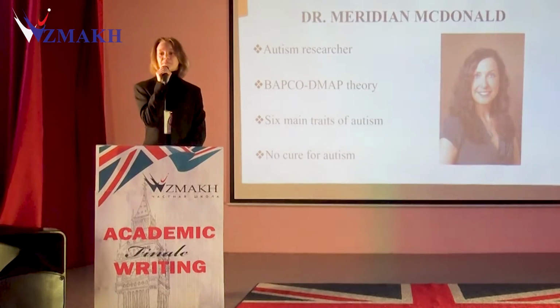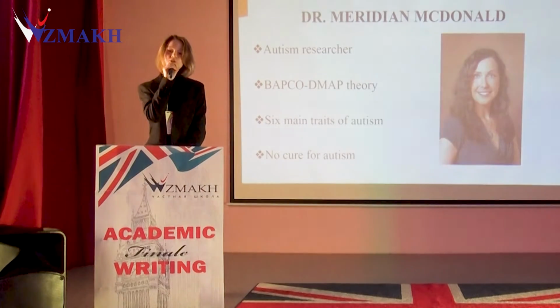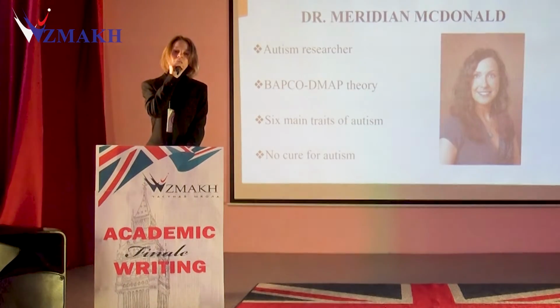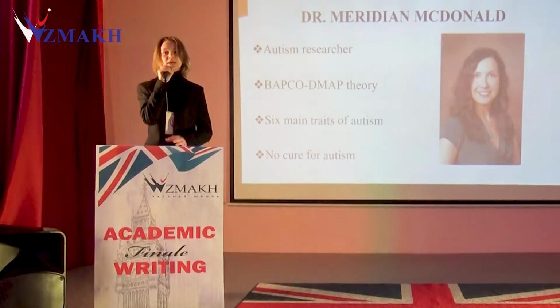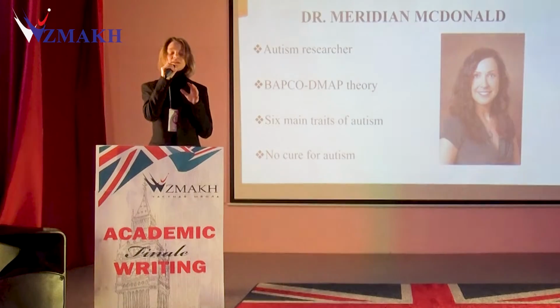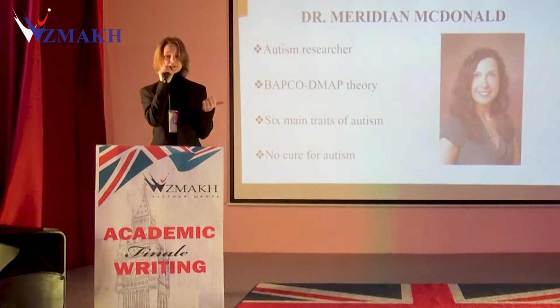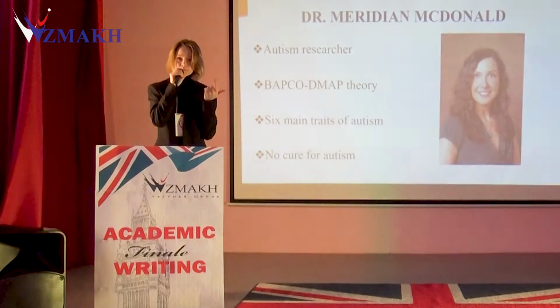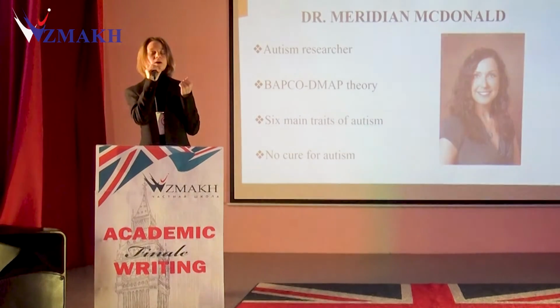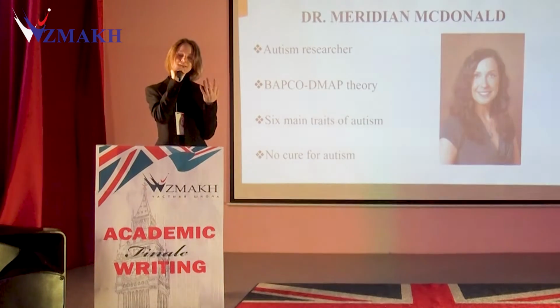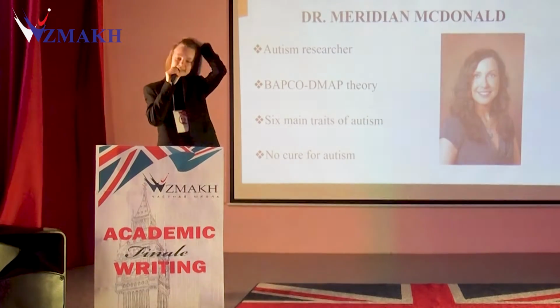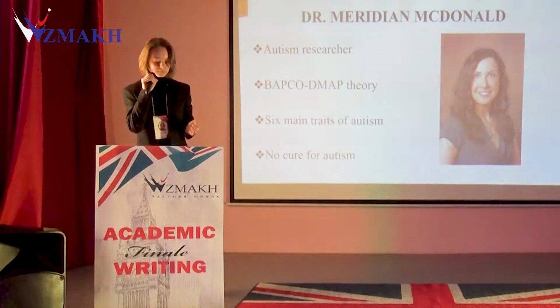Let me mention some theories now. There is one theory which took 25 years in making, and the author of this hypothesis is Dr. Meridian MacDonald. Let me talk about main features of this theory. She says that there are 6 main traits in autism: increased attention, increased memory, preference for the object world besides the social world and its environment, increased nonconformity, and increased differences in sensory and perception.